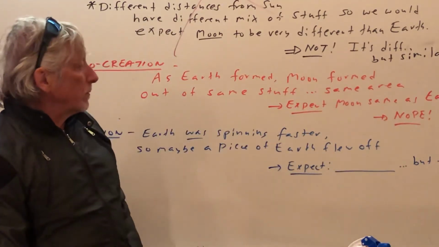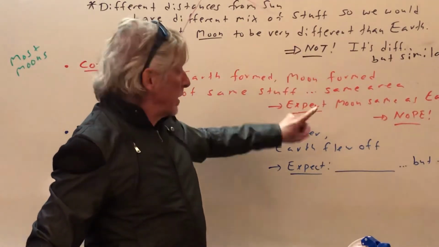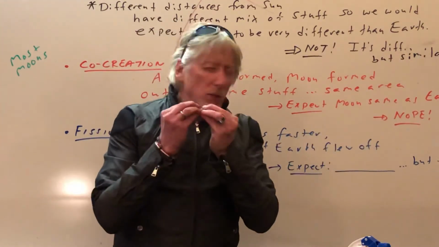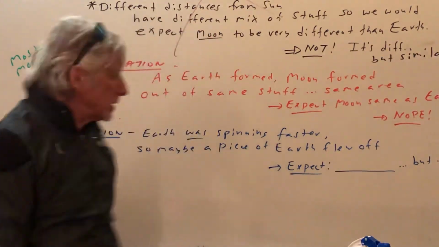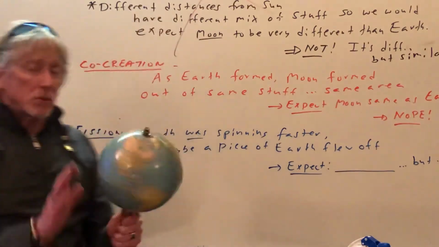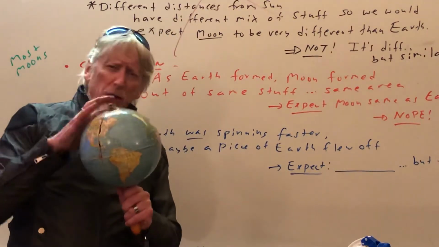You'd expect, in this case, it to be very much the same as Earth. And when you analyze it in crazy detail, it just doesn't fit. And then the other idea is, well, Earth was spinning faster. Maybe when it was really hot, it didn't have these continents. It wasn't all formed like this with water and everything.